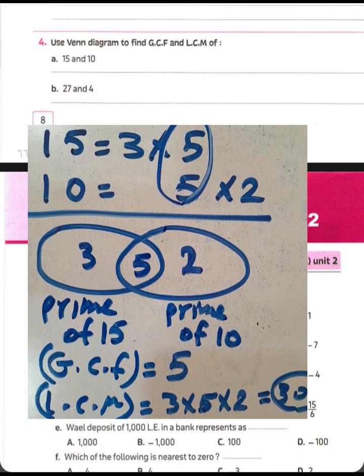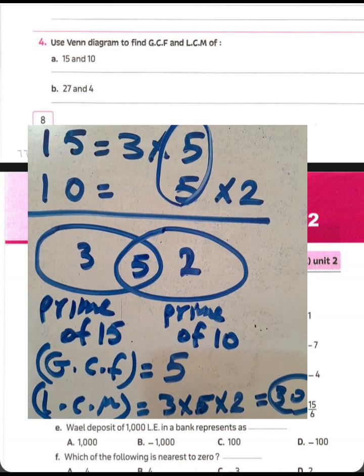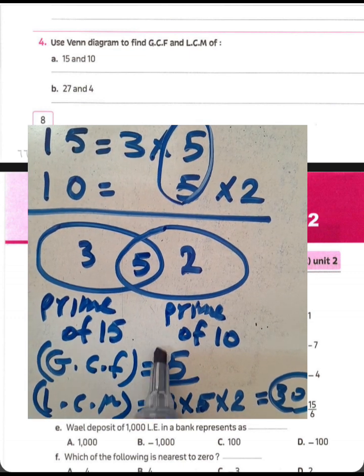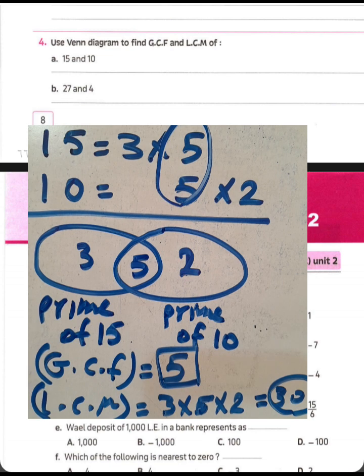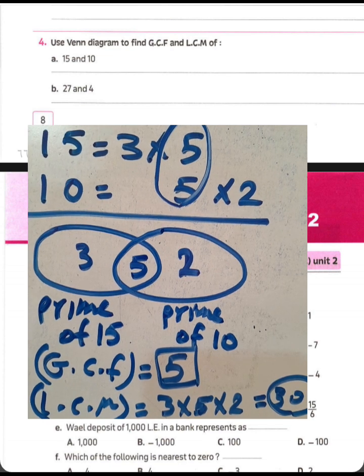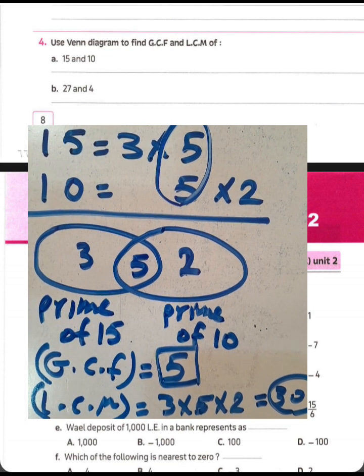Then the least common multiple between 15 and 10 is 30, and the greatest common factor between them equals 5. Understood this method? Understood? Okay. We have the greatest common factor and the least common multiple.